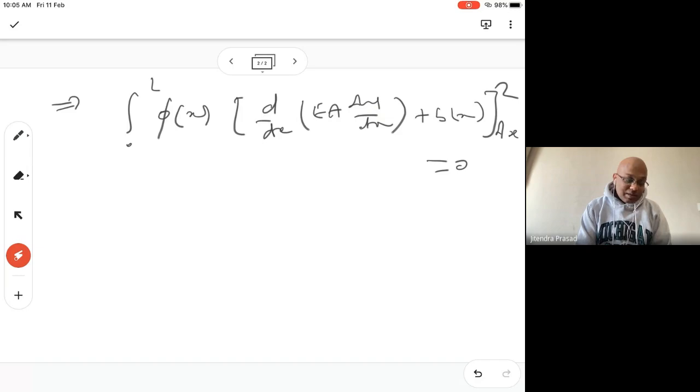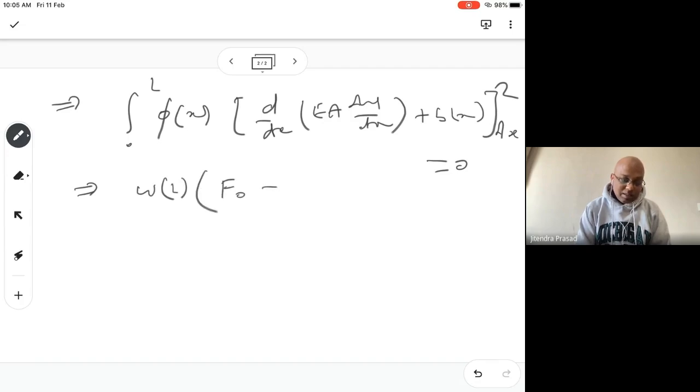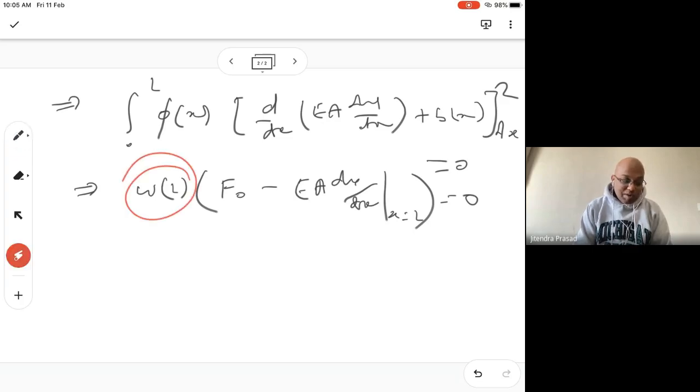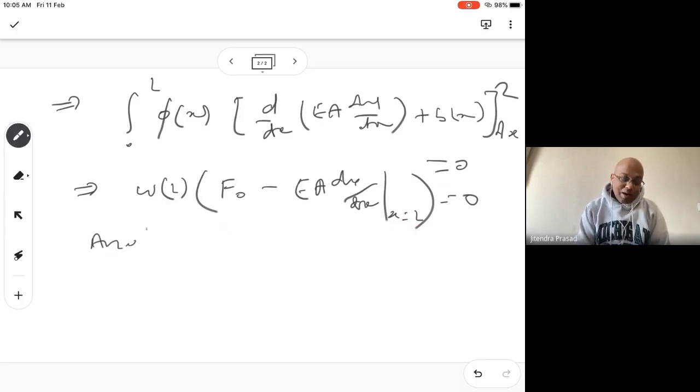The other one: if this is equal to 0, that really means that WL times F naught minus EA du over dx at x equal to L has to equal 0, right? In one example you have taken WL equal to 0, you can take another example, because that has to be true in all examples, right?